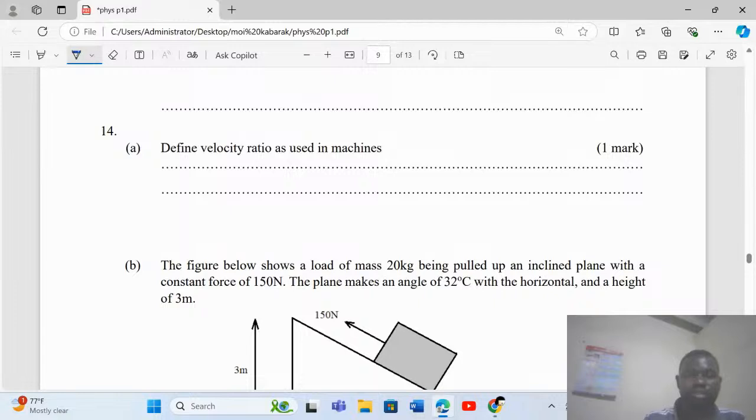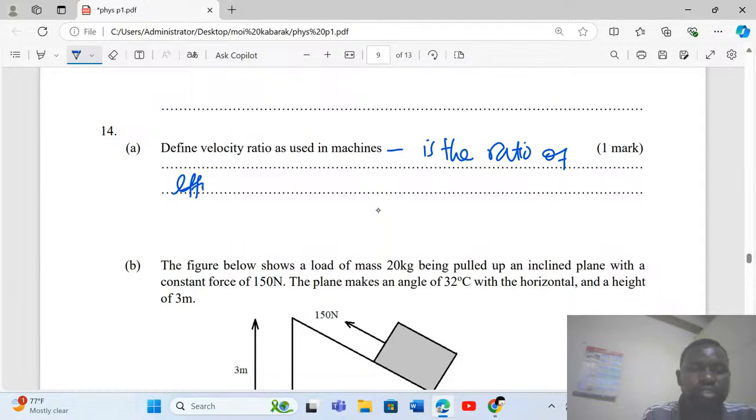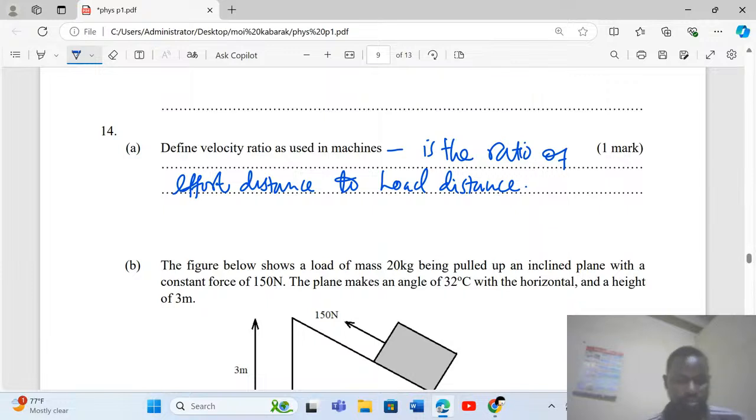The velocity ratio as used in machines, you can say, is the ratio of effort distance to load distance.